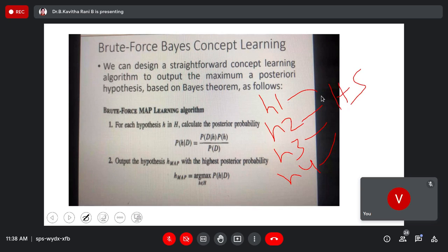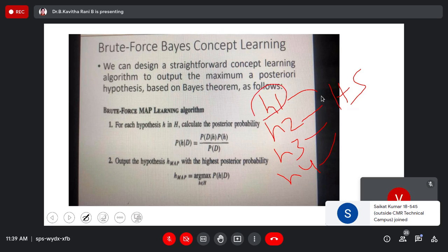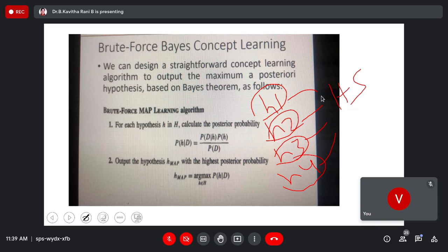The model has to give us only one maximum posterior hypothesis, either H1, H2, H3 or H4. This can be done by using H MAP. H MAP is nothing but the hypothesis of maximum posterior. Argmax means getting the maximum hypothesis. So that is done by using this concept.